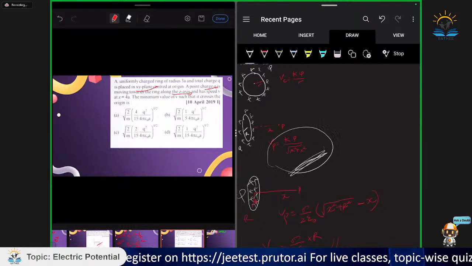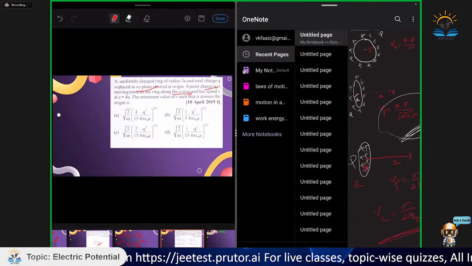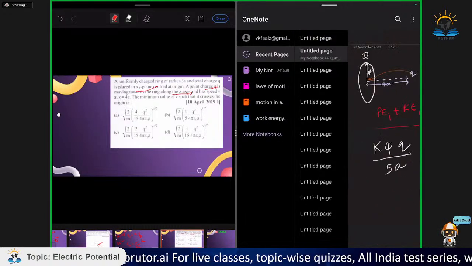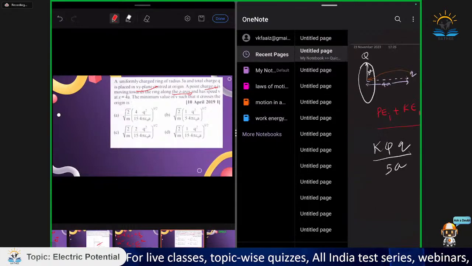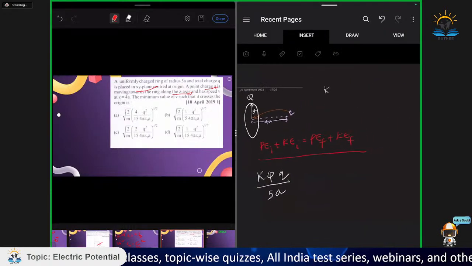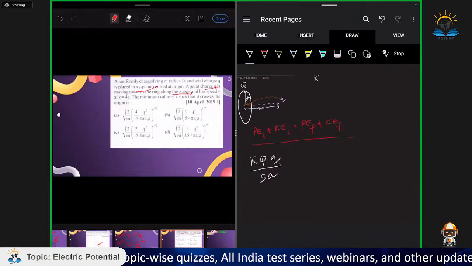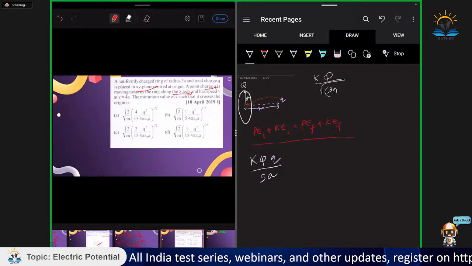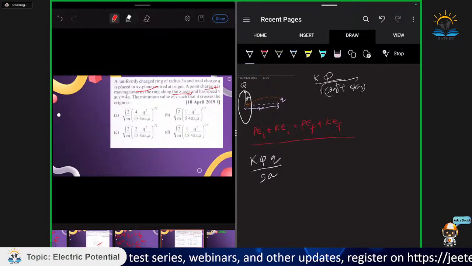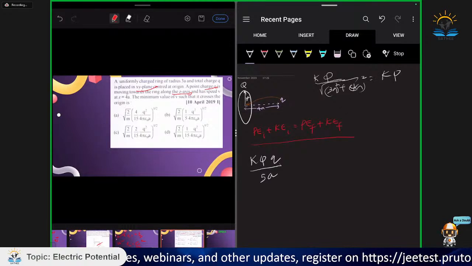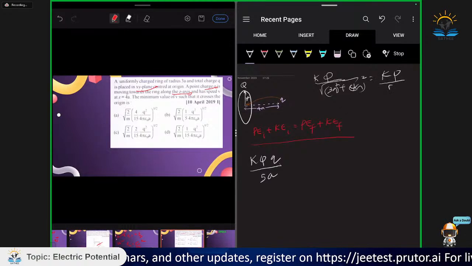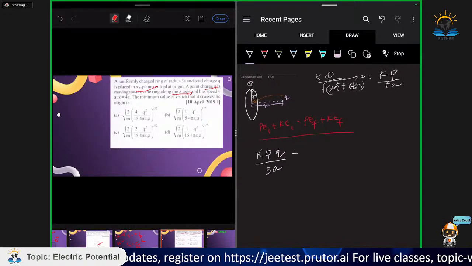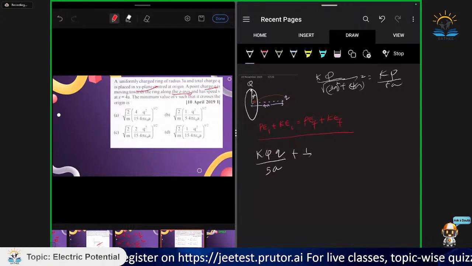So for this question, kQ upon root of R square, which is 3a square, plus x square, where x is 4a, 4a square. That means kQ upon root of, it will be 5a. Easy. So initial potential energy is kQq by 5a plus initial kinetic energy half mv square.